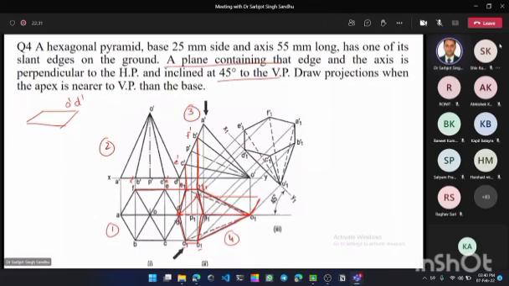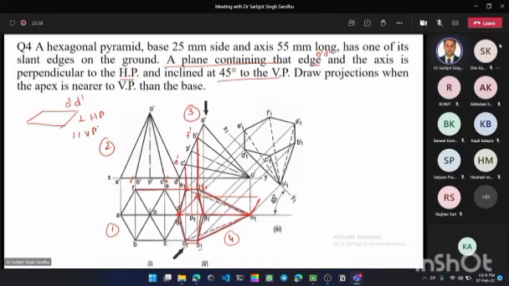Next condition is a plane containing that edge. That edge means O1 D1 which is resting on ground. And the axis perpendicular to HP and inclined at 45 degree to VP. In this condition, this plane is perpendicular to HP, but this plane is parallel to VP.